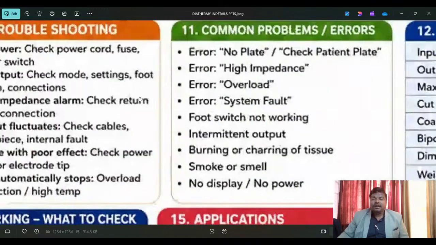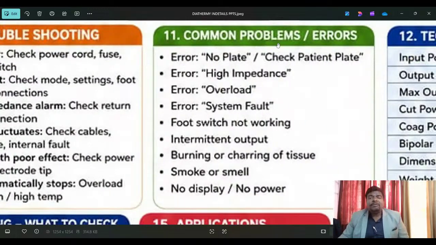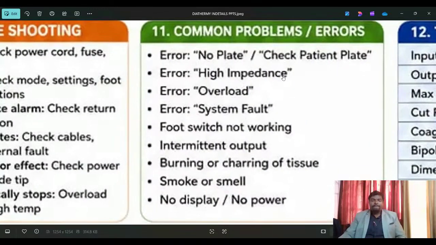Next, common problems and errors. Mostly in diathermies, different companies are available in the market, and different companies show different errors. For example Valleylab, and different types of companies. Some hospitals maintain only one company. If you take any diathermy, the functioning, operations and working principle are mostly the same.